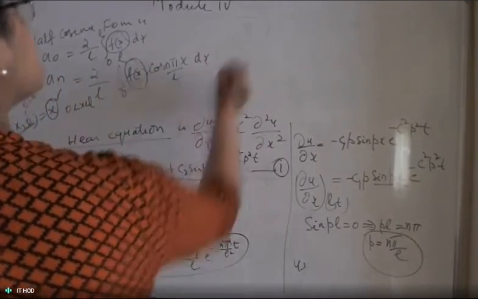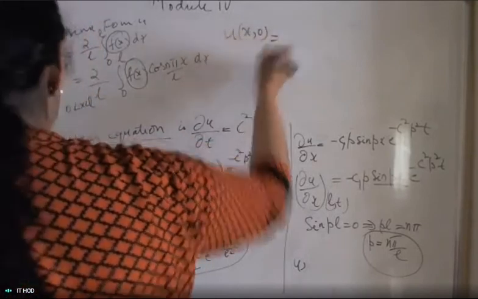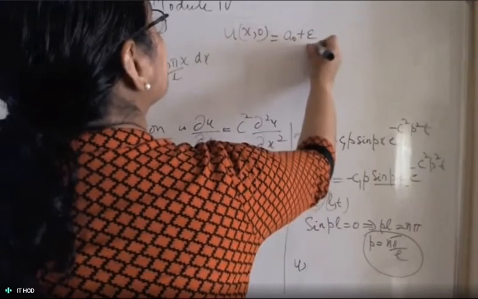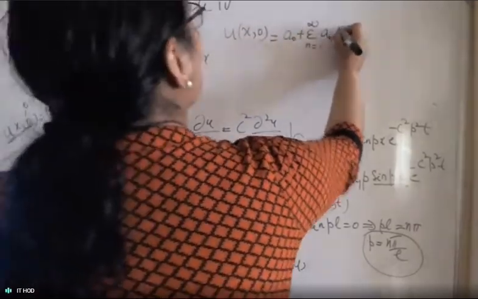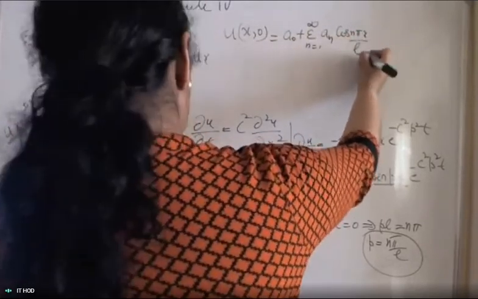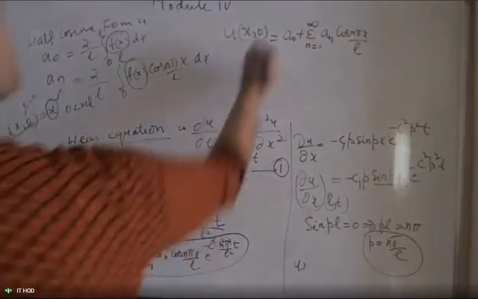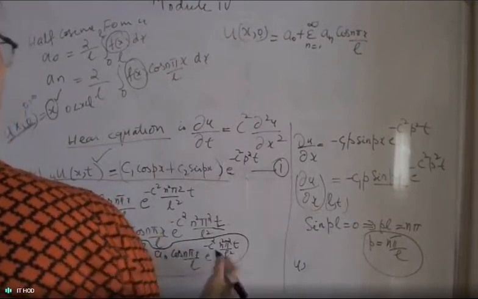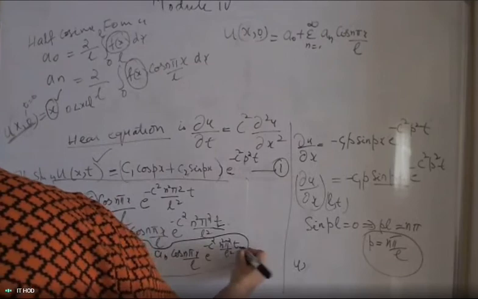So at t equal to 0, what happens? u(x,0) is equal to a naught, which stays the same, plus sigma n equal to 1 to infinity a n cos n pi x by L. And what happens to this part at t equal to 0? Anywhere else t is coming, only in this part t is coming.